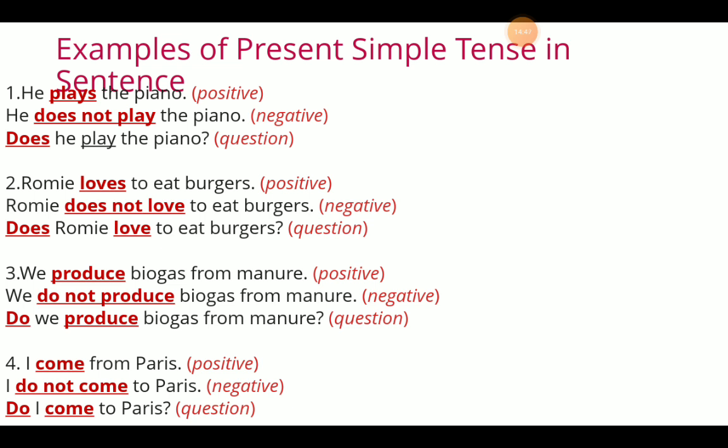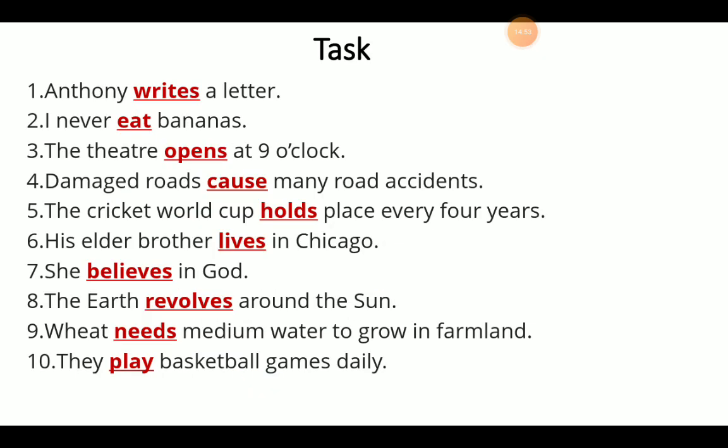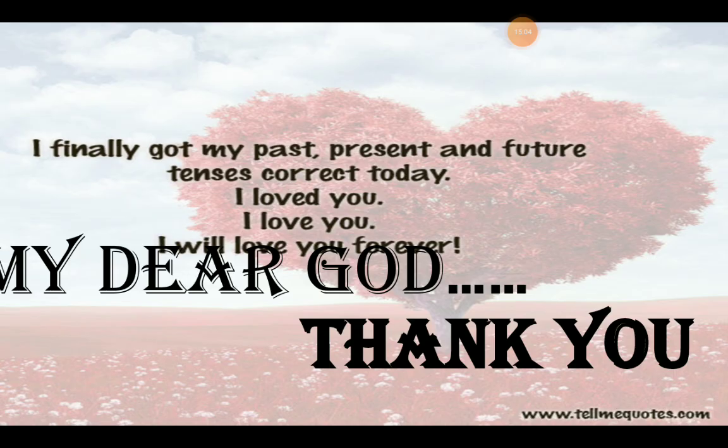Got it? So please do it properly. And then these are all the tasks you have to do, and then we can discuss the answers in the next class. You have to do all these tasks, right? Okay, thank you.